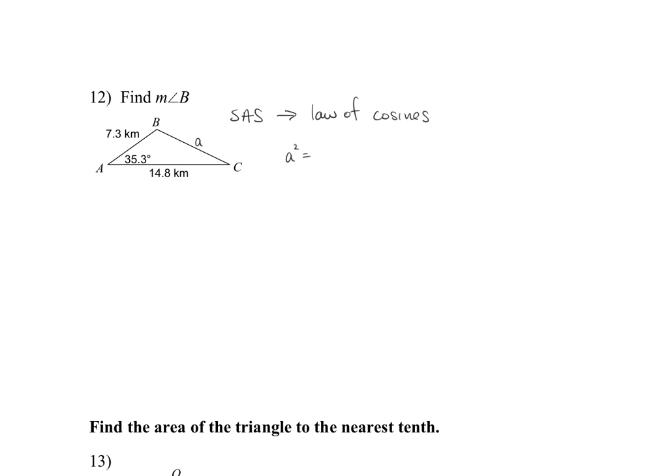So I'm going to find side A first using law of cosines. A squared equals b squared plus c squared. And then the angle across from side A is 35.3.